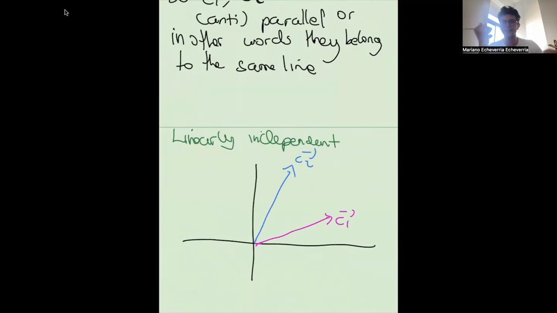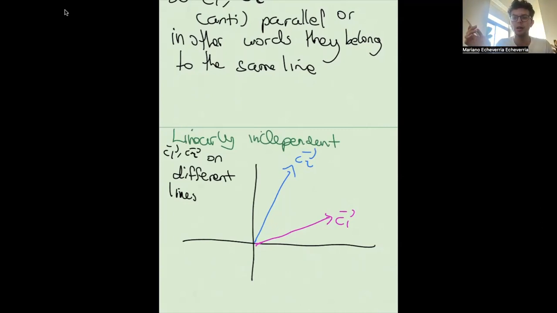So in the linearly independent case, they're both on different lines, right? So what does that mean? What's another more elegant way of saying that they're on different lines?